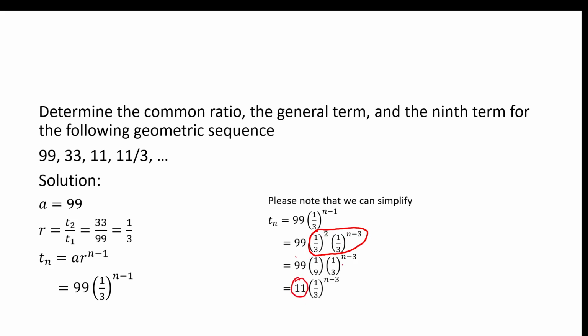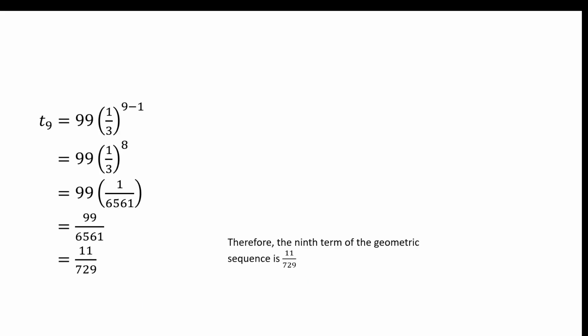And then we're still left with 1/3 to the exponent n minus 3. A lot of times you'll see it written this way, but just understand that this expression here and this expression here are equivalent expressions, and one of them just has a reduced integer, and sometimes people simplify it that way.